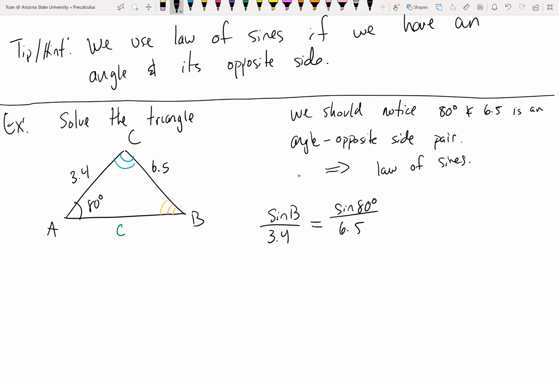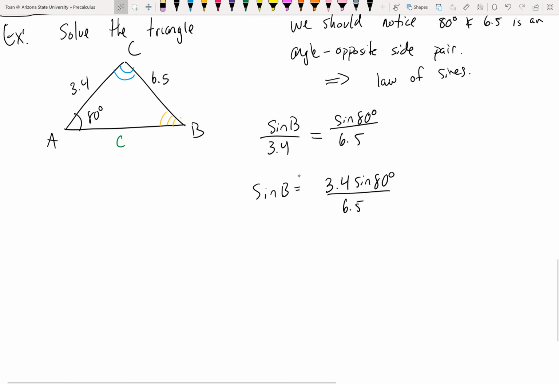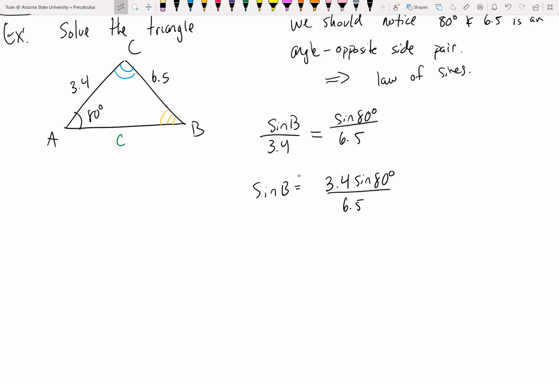Lo and behold, it gives you a proportional equation that we can then solve, right? So solving for B, here's angle B there. I got to get rid of the 3.4, so we're going to multiply both sides by 3.4. Oops, 6.5. And then to get rid of the sine, I have to take the inverse sine of both sides.